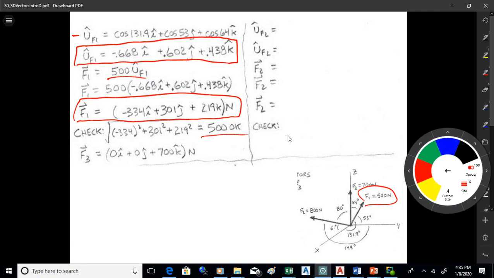Yes, the magnitude of F2 is 800 there. You see it there in the sketch. You just multiply it through.